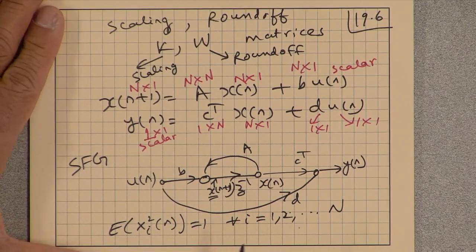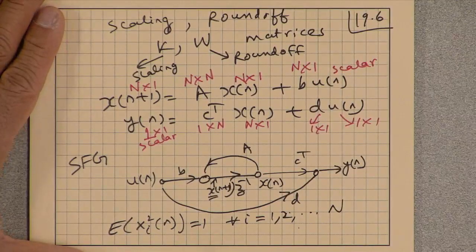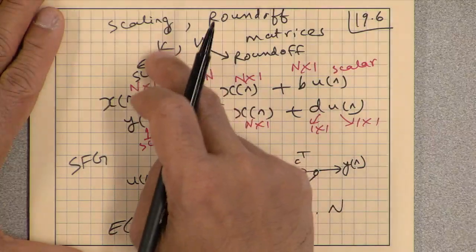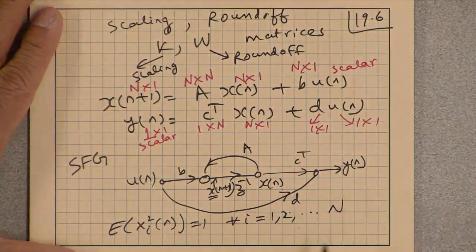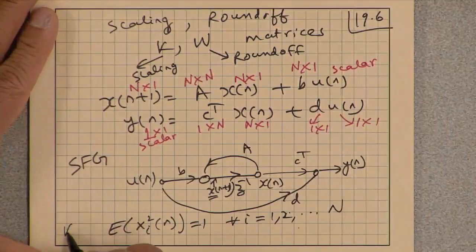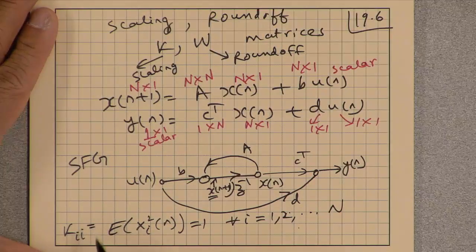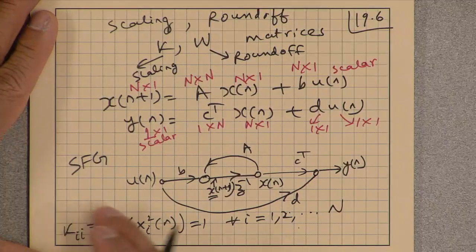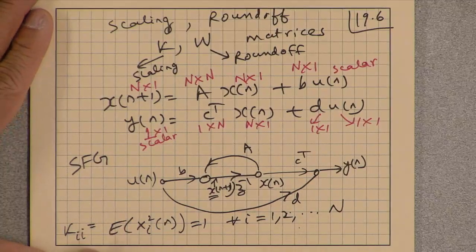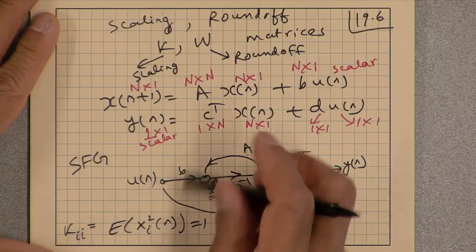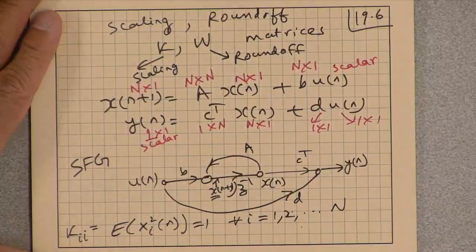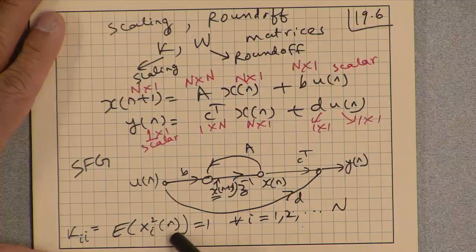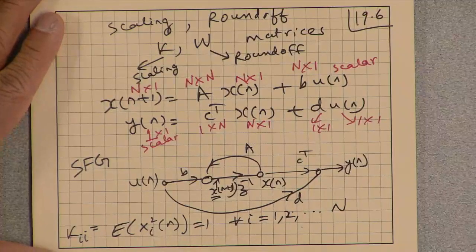In the K matrix that I was talking about, the diagonal value K_ii represents the expected value of x_i squared(n).